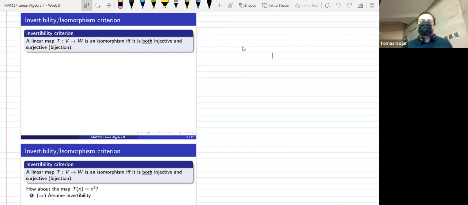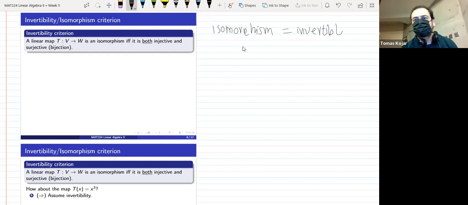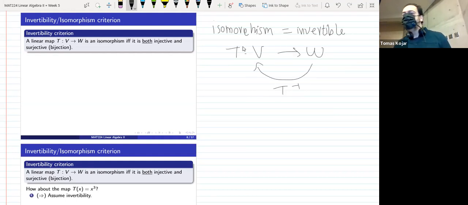All right, so last time we talked about isomorphism. Let me remind you. Isomorphism just means invertible. Invertible means you go from V to W and you can go back by a T inverse.